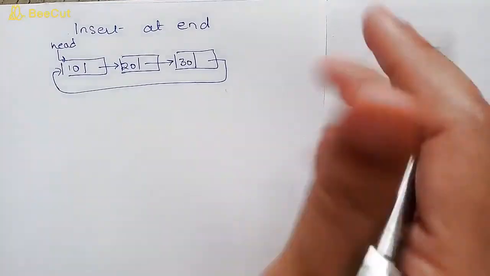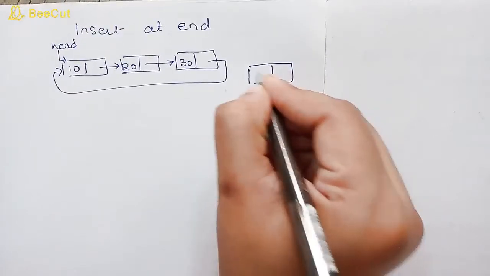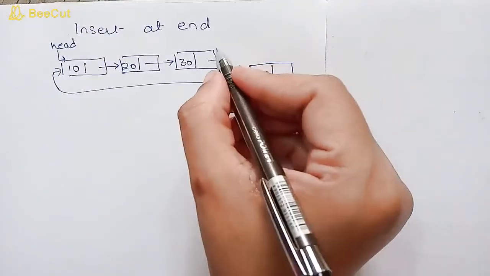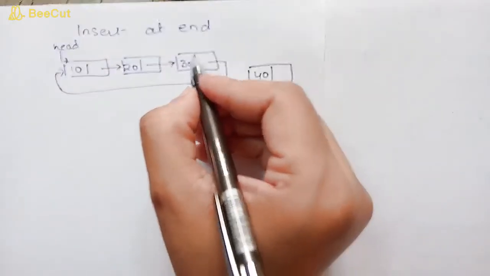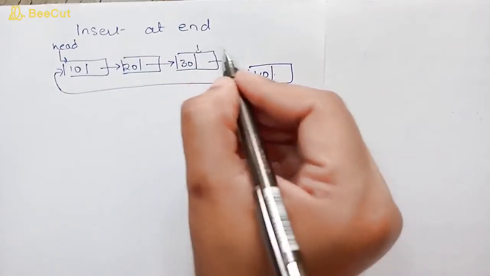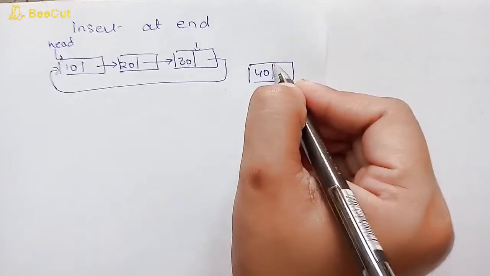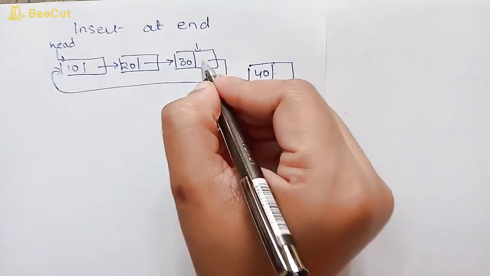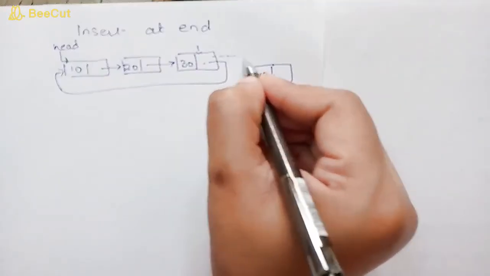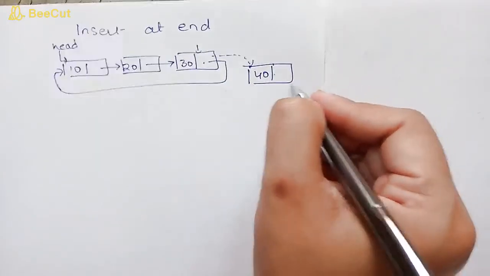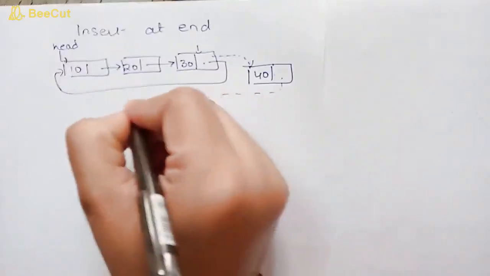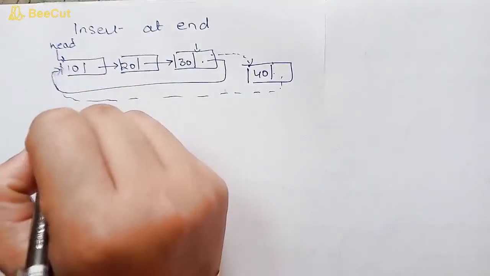Now in this case, I want to insert a new node at the last. So first I should reach this point, then only I'll insert the address of the new node over here. I need to create a link something like this, and the next field of the newly created node should contain the value of head, right?